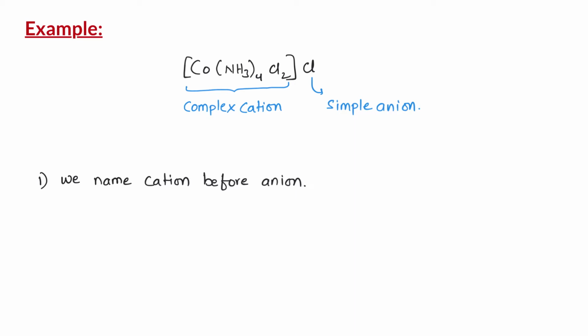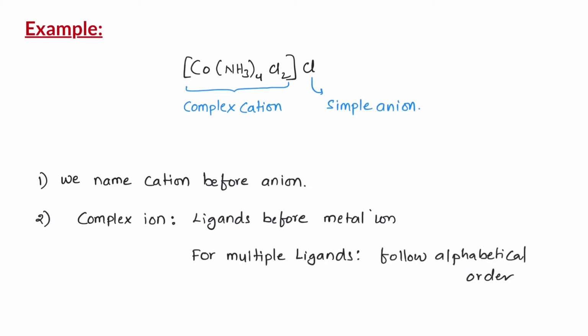In this example, the cation is a complex ion. Now, how do we name a complex cation? The second rule says, when naming the complex ion, we name the ligands before the metal ion. And if we have multiple ligands, we name the ligands in alphabetical order.